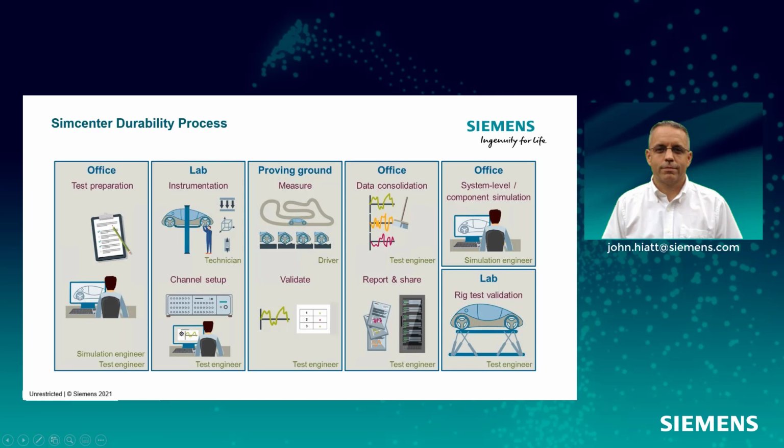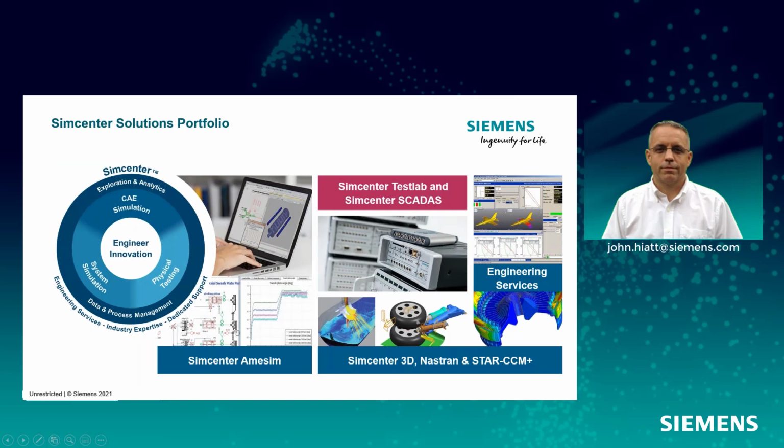Here's the whole Simcenter durability process. We're mainly going to focus in this one on the analysis, so analyzing measurements for fatigue content and what goes into that. The testing group is a part of Simcenter.